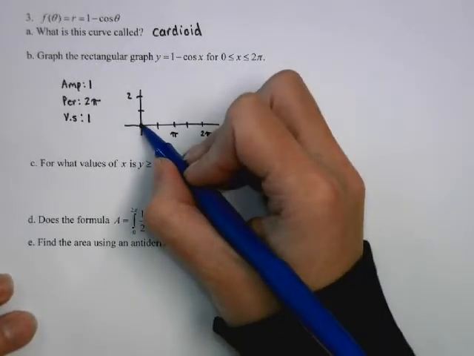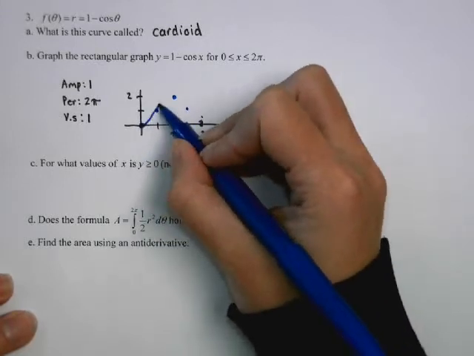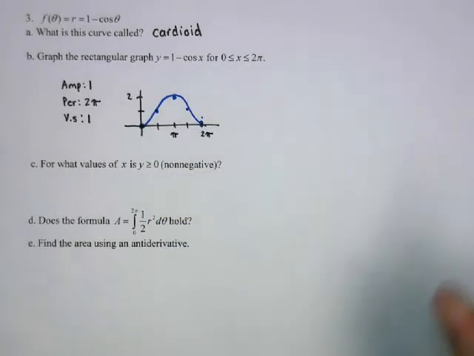So we have a negative cosine, so it's going to start at the minimum. All this stuff from pre-calc coming back. All right, so there's my graph.